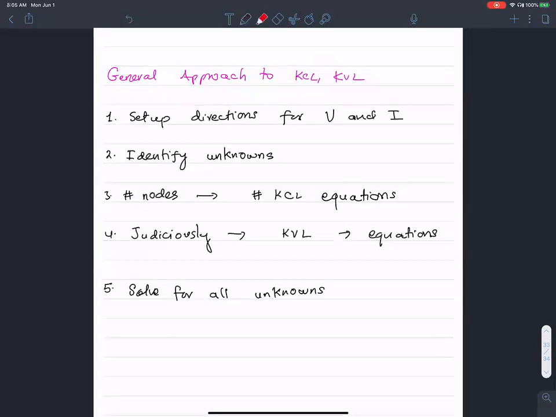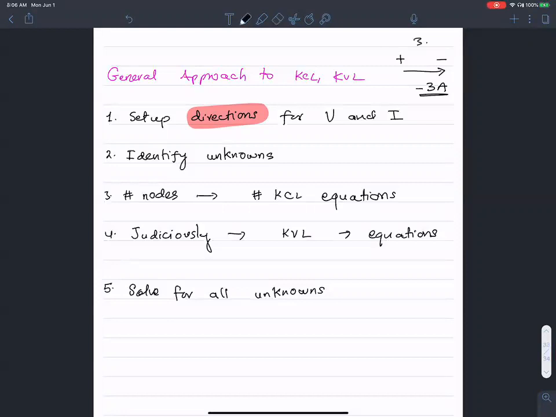The very important idea is that the directions that we set up don't have to be the actual direction of the current or the voltage drop. As long as we set up a particular direction and stick to it throughout the problem, the process is self-consistent. If the direction of the current that we picked is different from the actual flow, that will be indicated by a negative sign, meaning that I should really have picked minus and plus, but that's all right.